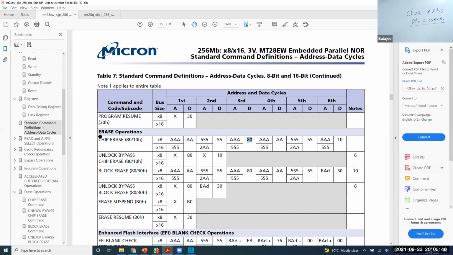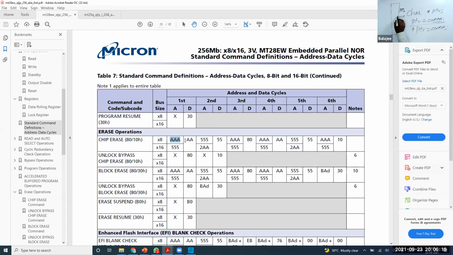The data sheet says if you want to erase the chip in 8-bit mode, the address line should give AAA. So the microprocessor on the address line will give AAA. Then they ask me to write on the data line, how much? AA. I put star PTR equal to 0xAA.